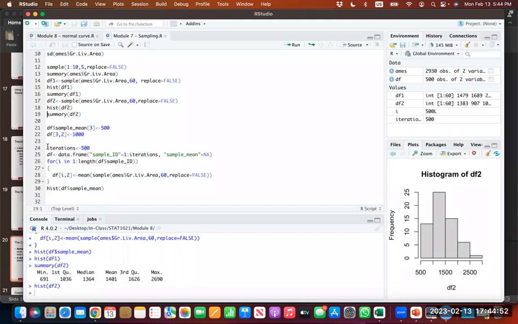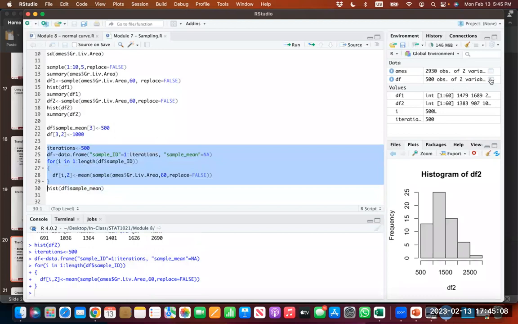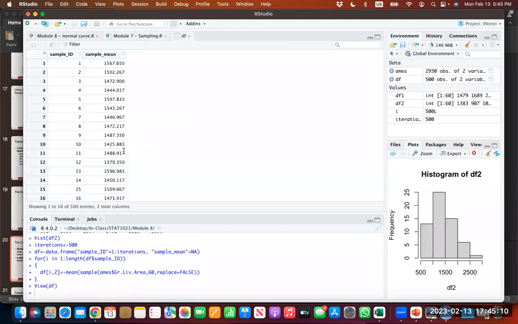If we do now an exercise where we calculate a data frame with 500 samples, where we draw 500 different samples, and we're creating this file, which is here df, which is the mean of repeatedly drawn samples of the size of 60.